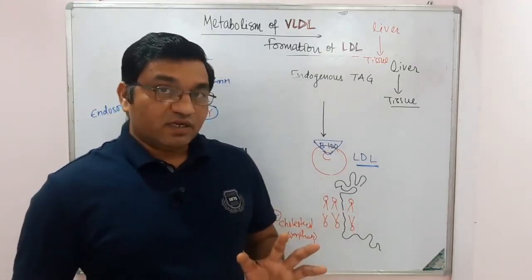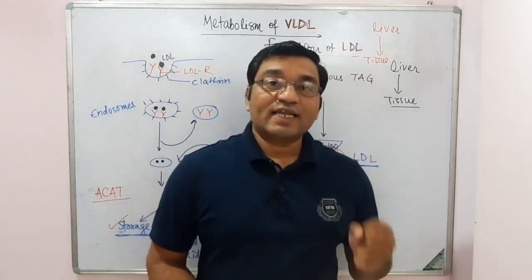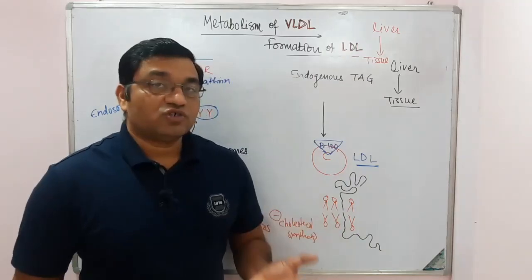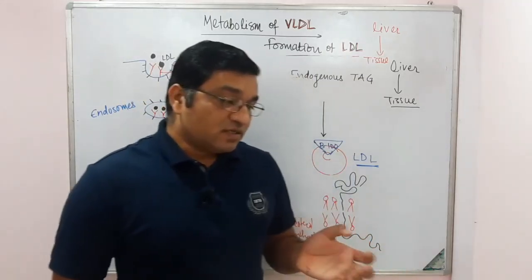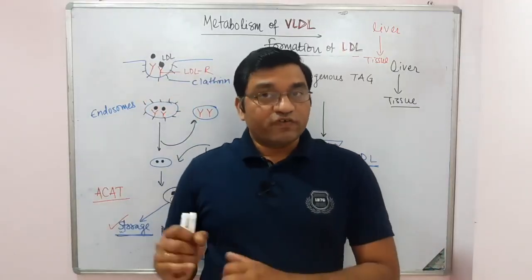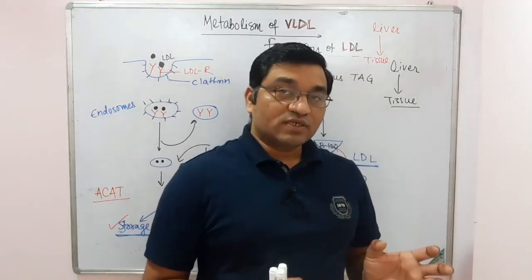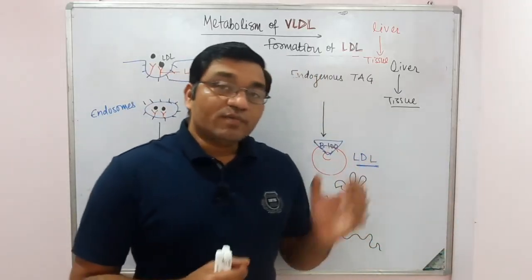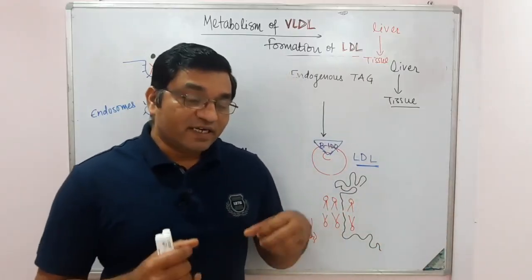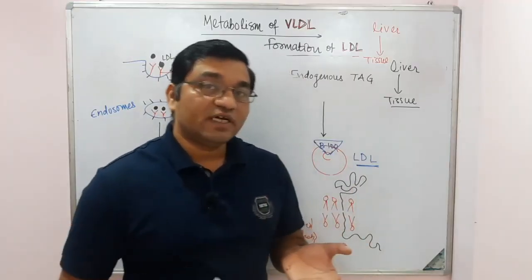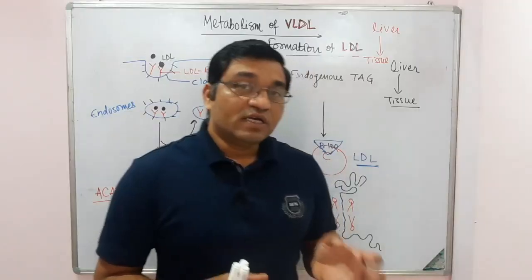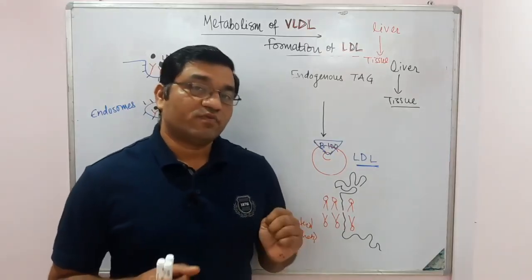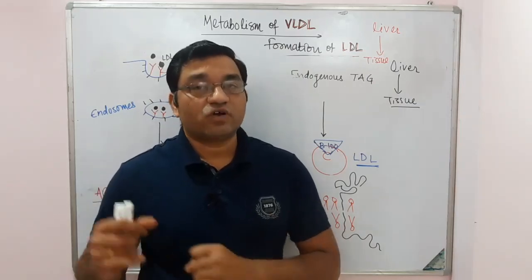An increase in the LDL level leads to the formation of oxidized LDL and glycated LDL. This is very, very important. Increased production of oxidized LDL causes its uptake by macrophages through scavenger receptors present on the macrophages. This leads to the formation of foam cells, which are responsible for formation of plaques and atherosclerosis.